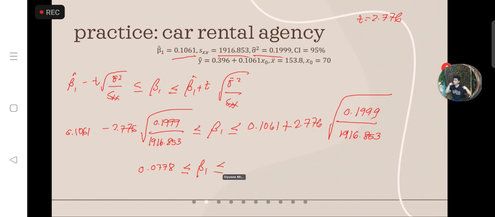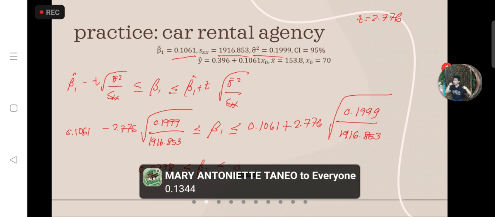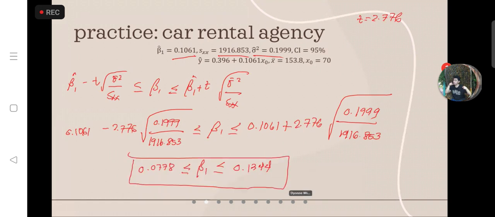Okay. So, ang other end, pag interval, 0.1344. So therefore, our value for B1 falls between 0.0778 and 0.1344.